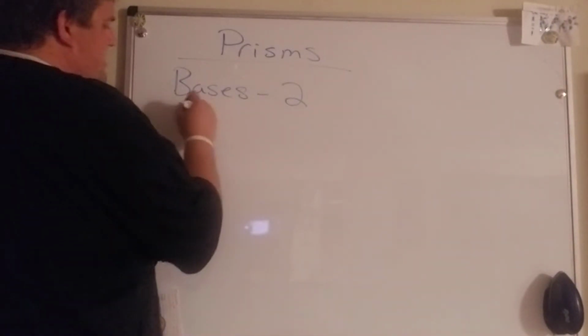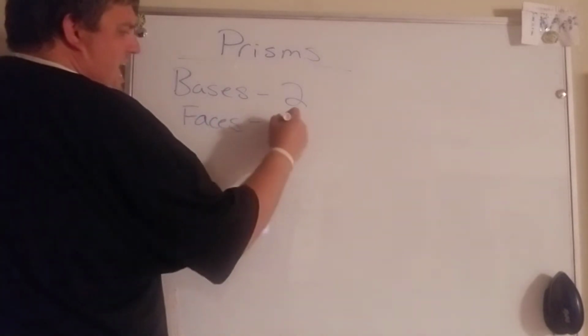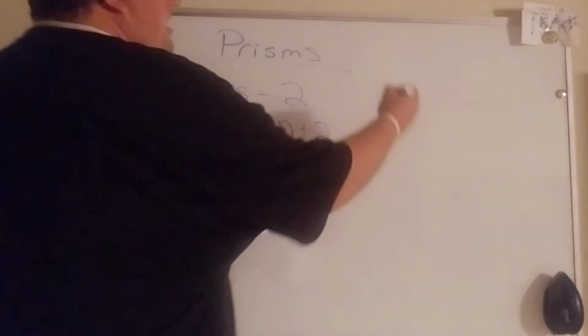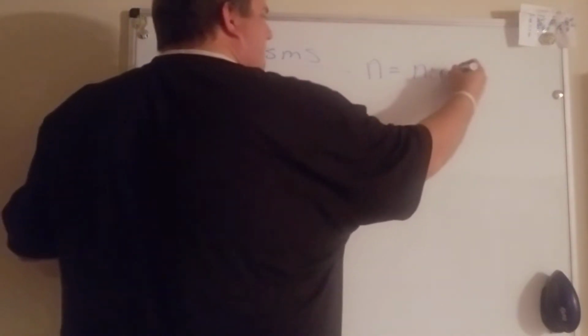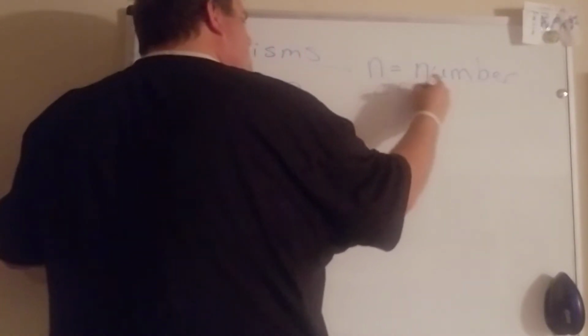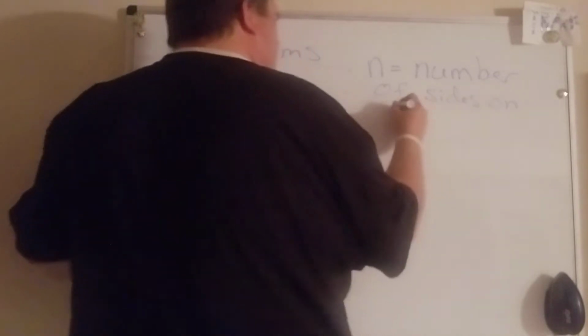For faces, we're going to call it n plus 2. Now, n, we're going to define over here as the number of sides on the base.